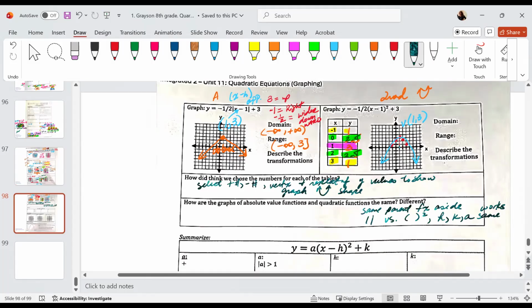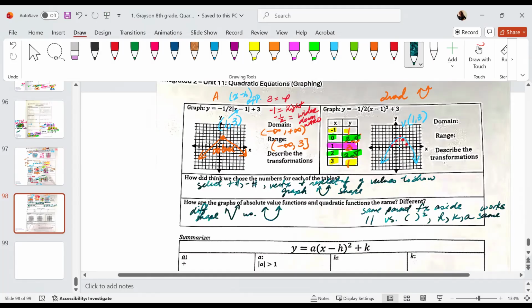H is left and right, k is up and down. A is upside down, or facing up, skinny or wider, correct? How are they different? Well, the biggest one is different shape, right? V versus a U, correct?